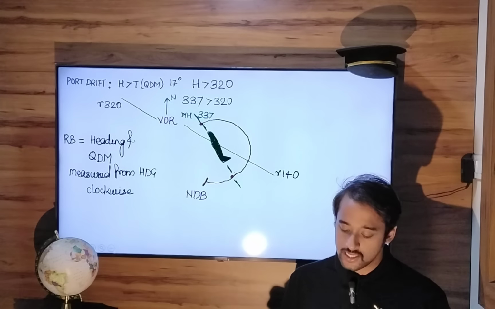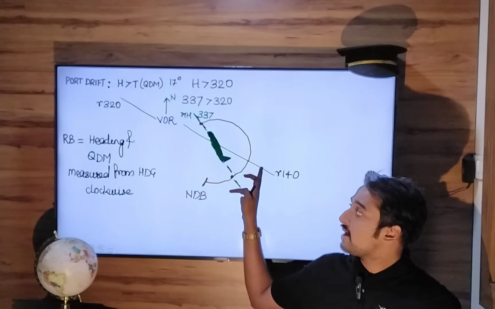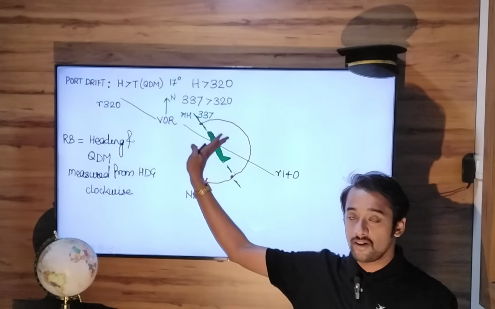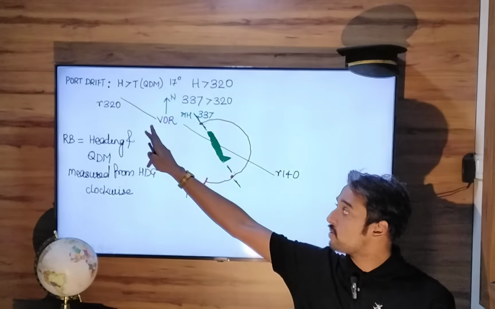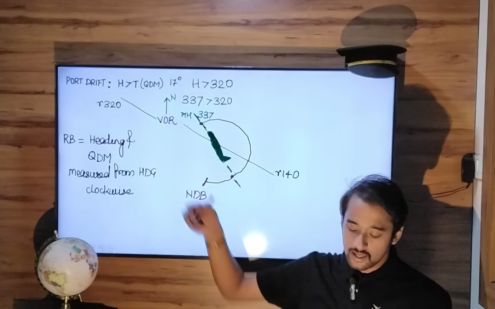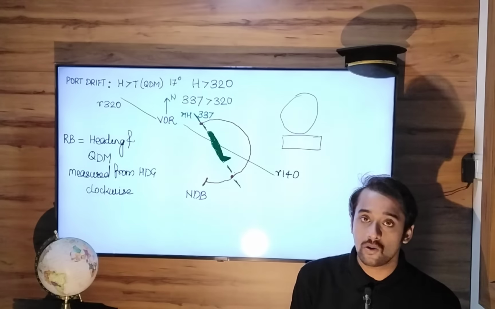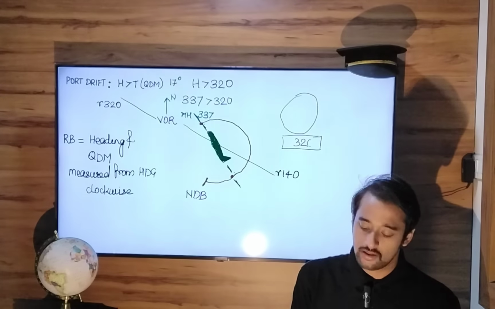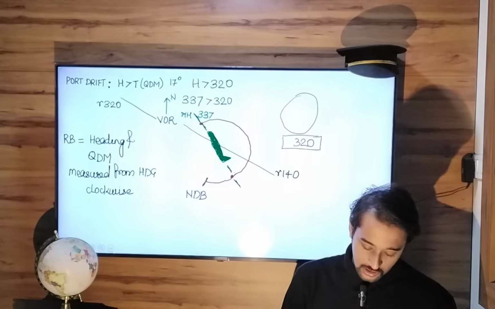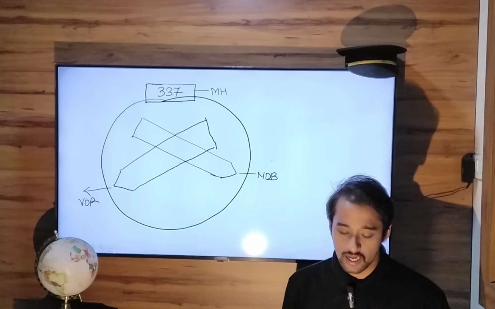Now VOR says we have radial 140 and we are inbound. If you are tracking towards the VOR, the inbound direction will be 320. So in the OBS selector you will put, since you are flying inbound, 320. So with respect to VOR, QDM is 320.